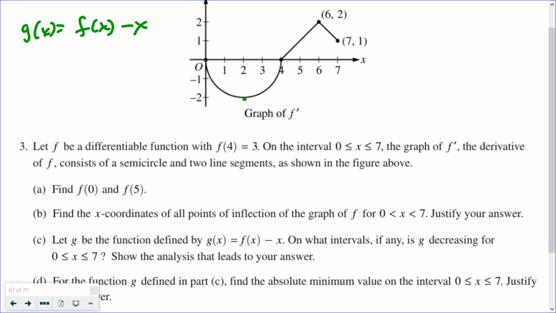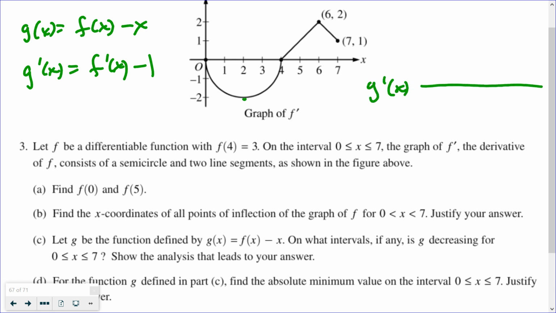You should immediately think sign analysis, which means you should think derivative. And the derivative of g would be g prime of x equals f prime of x minus 1. And so then what you need to do is a sign analysis, but this time for g prime of x.